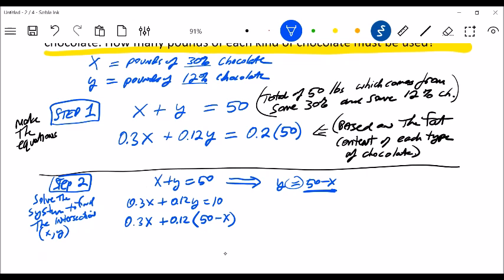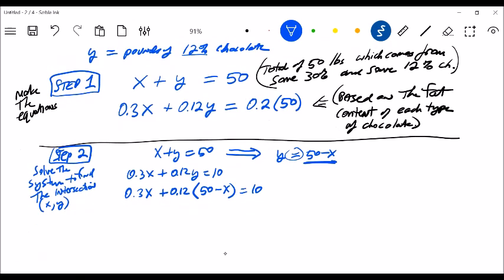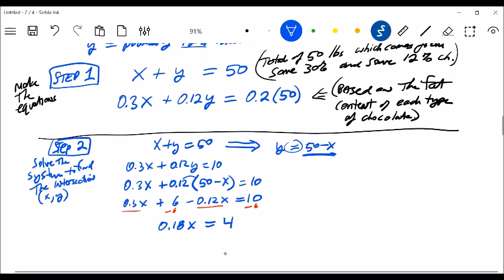And now it's just a matter of doing the calculations, multiplying it out. 0.3x plus 0.12 times 50 is 6, minus 0.12x is equal to 10. So I'm going to subtract 6 from both sides, and these other two things can be put together because they're on the same side. So 0.3 minus 0.12 is going to give me 0.18x, and 10 minus 6 is 4.